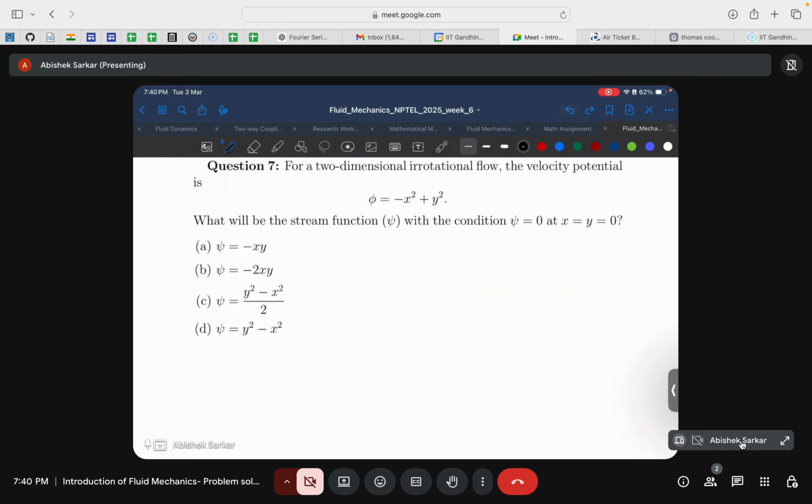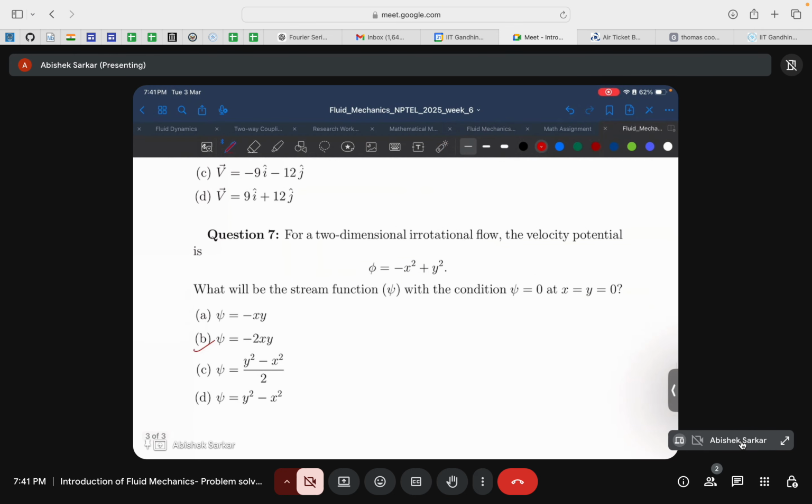So I think that's all for today from my side. Today's discussion might not be conceptually analytical or calculation-wise heavy, but conceptually it might become very heavy if you look into the depth of it.